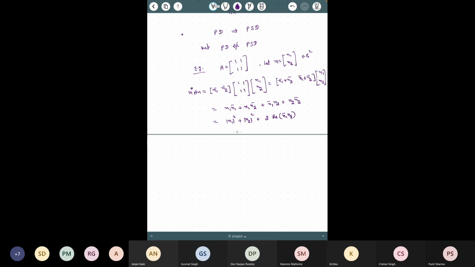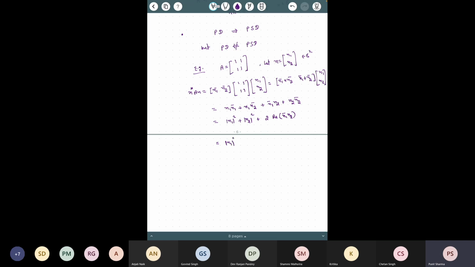You are saying that the real part of x1 bar x2 is less than mod of x1 times mod of x2. I agree. So you want to add and subtract mod x1 times mod x2.